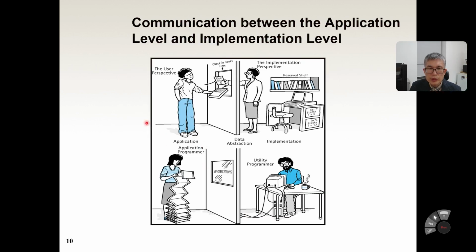This figure shows communication between the application level and the implementation level. You can see this is the application user, okay? So he asks for a textbook, and then the librarian gives something, but he checks in the book late, gets a fine slip, and then needs to pay the fine.